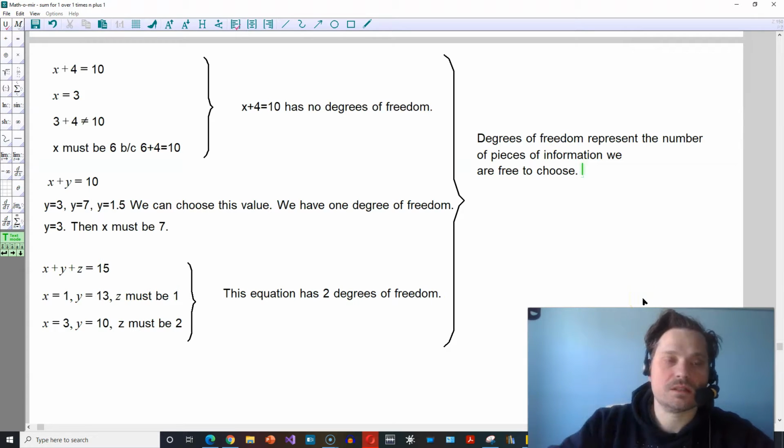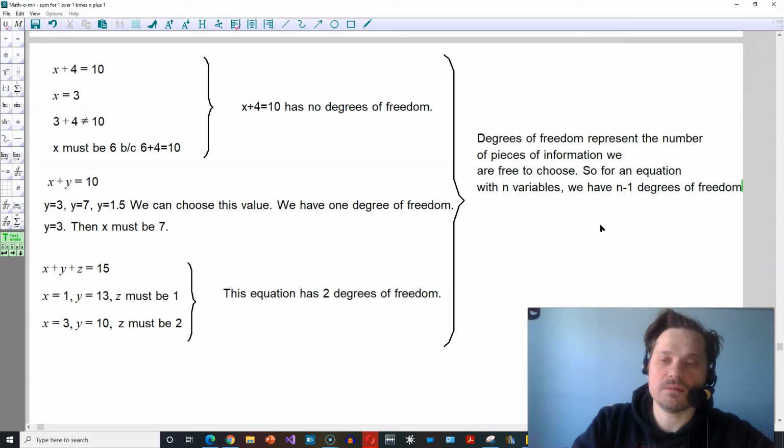So in other words, if you look at these, right, this equation here has 1 variable, 0 degrees of freedom. This equation, x plus y equals 10, has 2 variables on the left side, 1 degree of freedom. This equation, x plus y plus z, has 3 variables on the left side, 2 degrees of freedom. So for an equation with n variables, we have n minus 1 degrees of freedom.